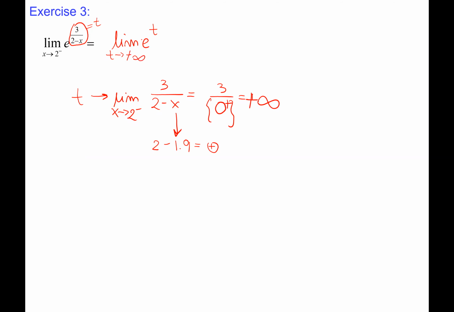We don't have to write plus, but I'm just trying to be more pronounced. Okay, and e to the power of t, our natural exponential function, as t goes to positive infinity, the function is also going to positive infinity. That's e to the t. Okay, positive infinity, that's the final answer.